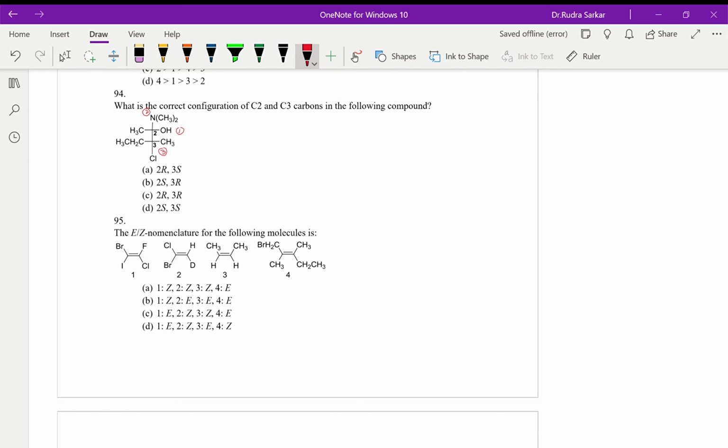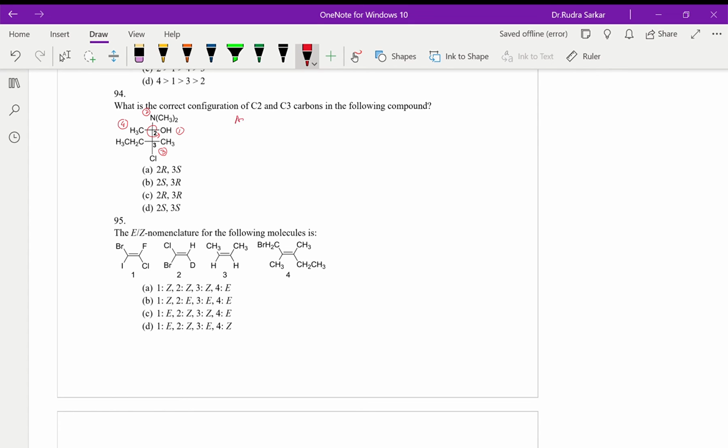So it is going in the anti-clockwise direction, right?